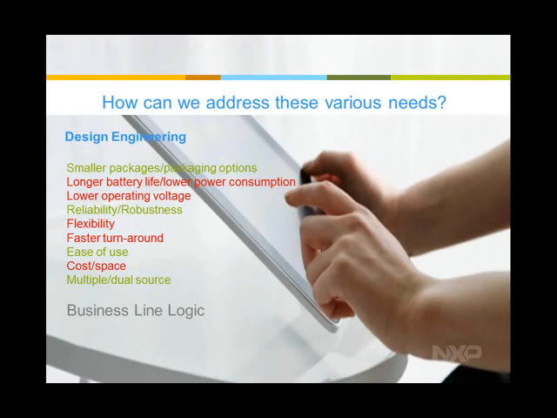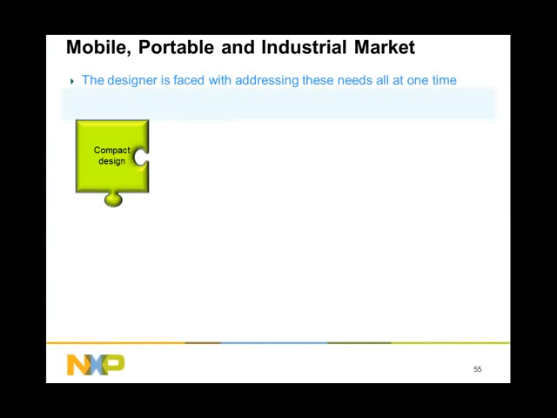He likes to have the flexibility of the components that he uses, so that he can tie the different ASICs and microprocessors together. He also needs to be able to do this in the fastest turnaround time possible. And of course, the design engineer's space and cost is also very important. So I will show you how we address these needs of the design engineer also.